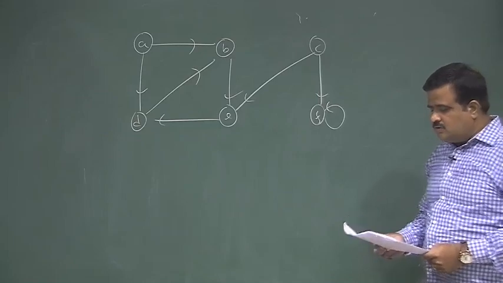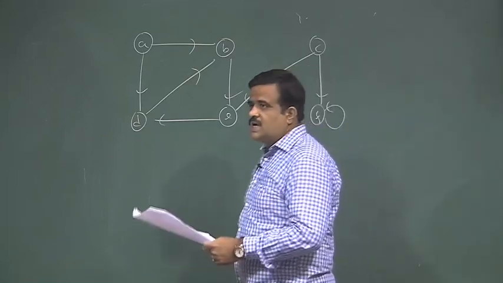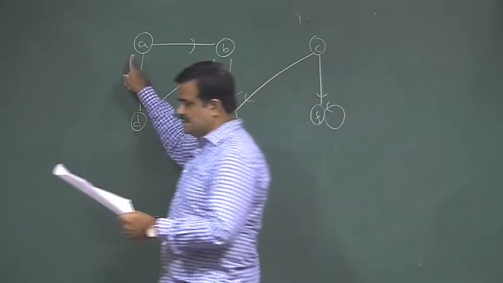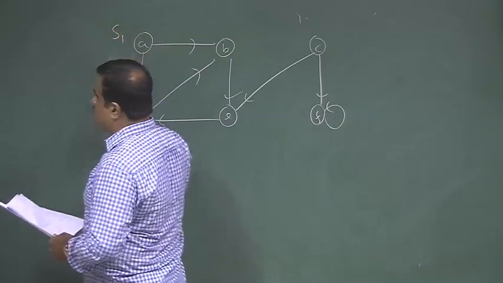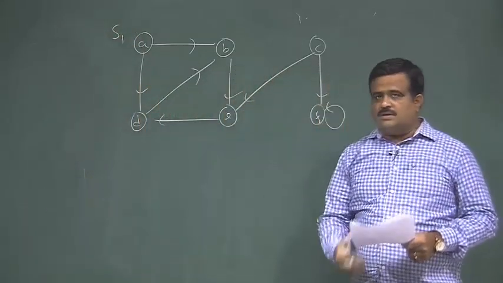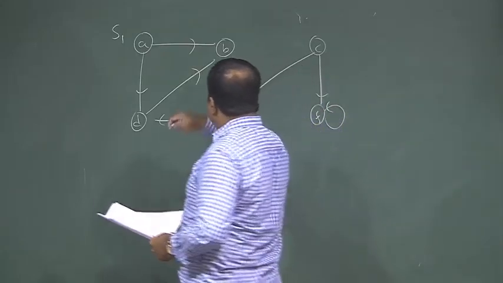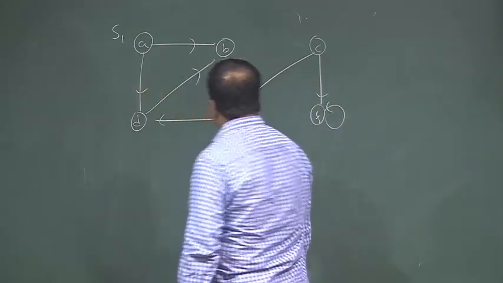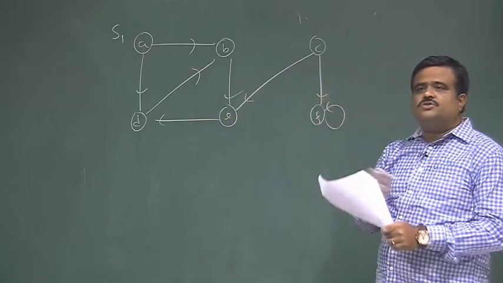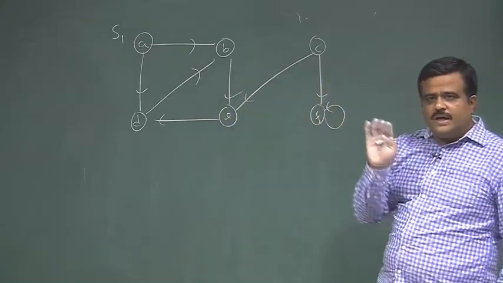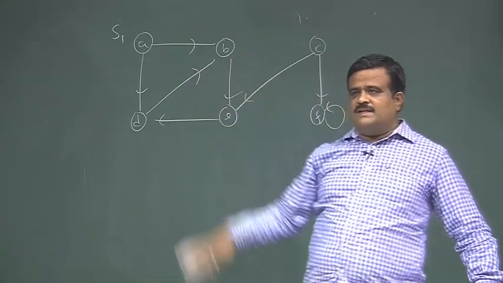Now we have to choose a vertex to start with. Suppose we choose this as S, we denote it by S1. So, this is our starting vertex. Now we have to start from S and keep on exploring all the adjacent vertices.